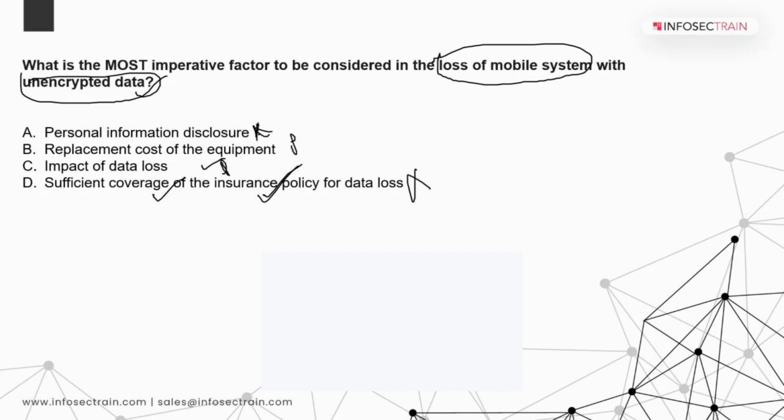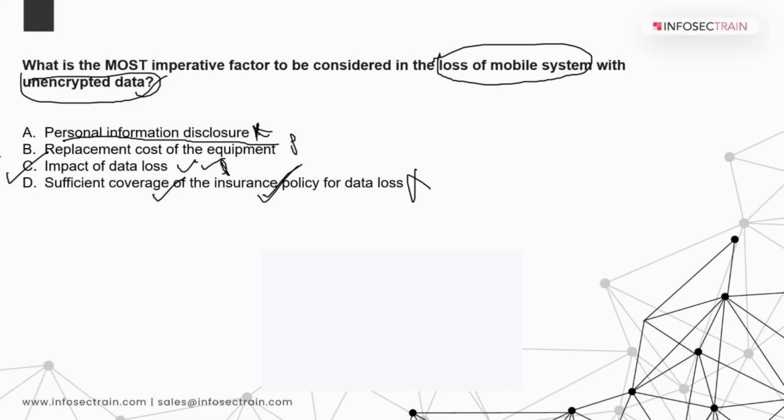Okay. Now first you have to assess the impact, then you identify the replacement cost. So the best answer is C. What about PPT, where it talks about people first? Because the question is not saying personal information.